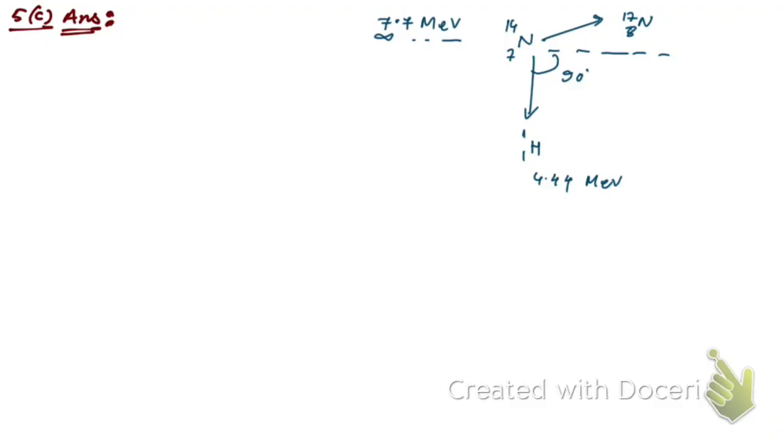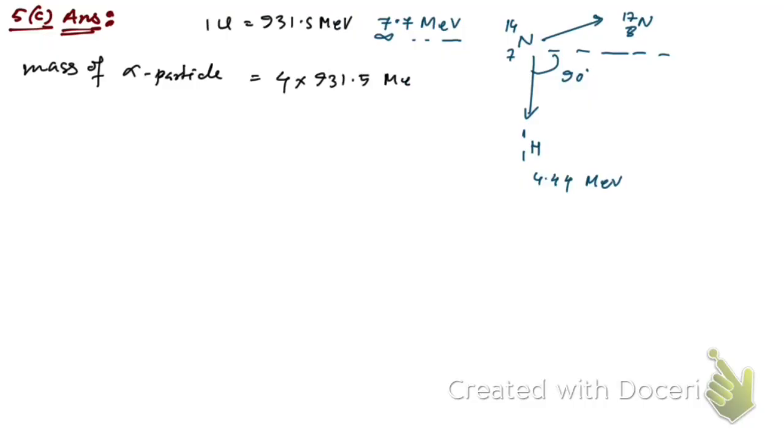So the mass of the alpha particle we're going to take as 4 into 931.5 MeV, since one atomic mass unit is equal to 931.5 MeV.